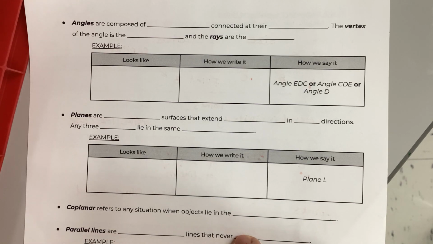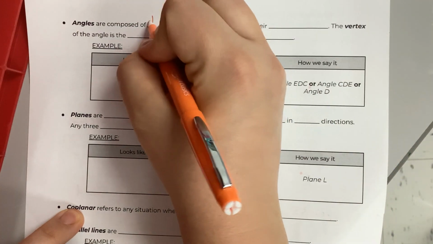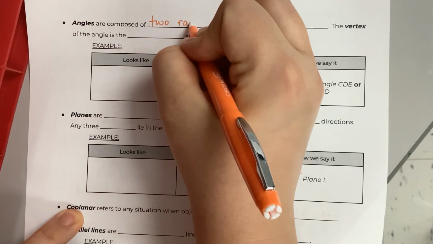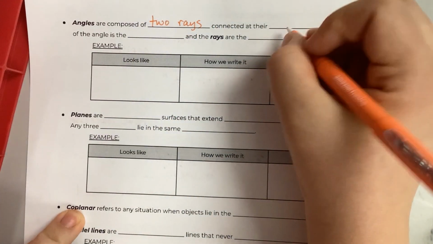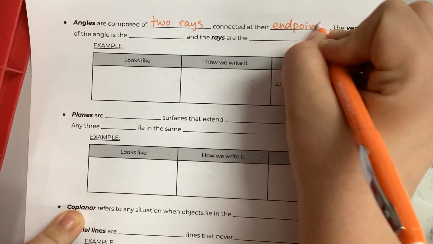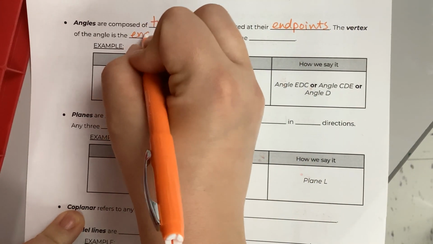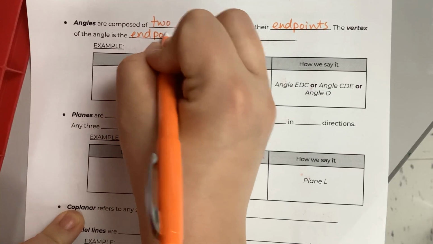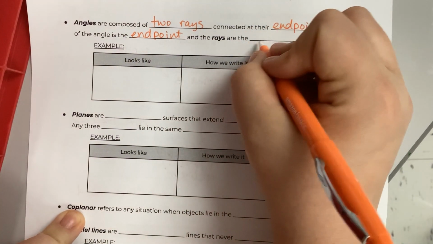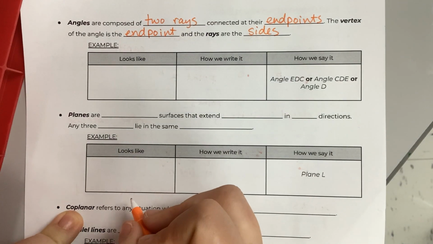Now our next one, angles. So angles are composed of two rays, and these are connected at their endpoints. The vertex of the angle is that endpoint, and the rays form the sides. Okay?